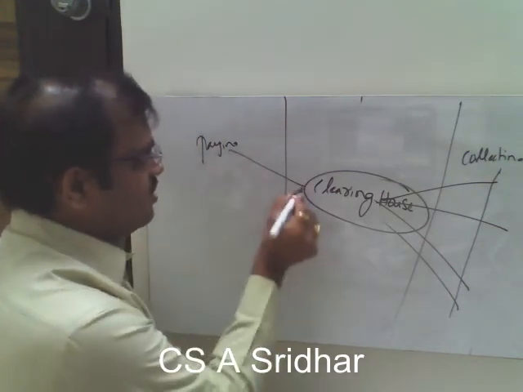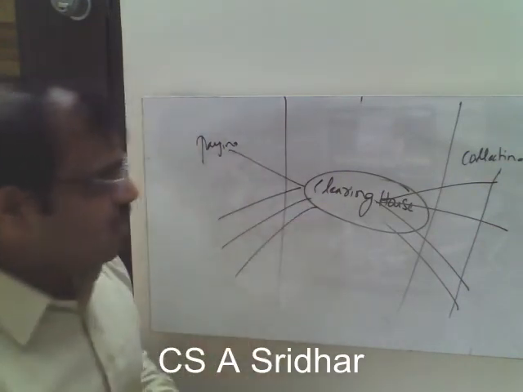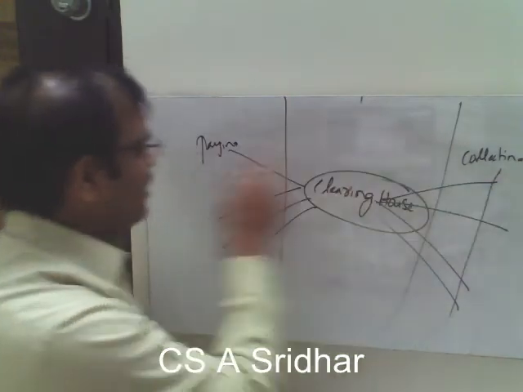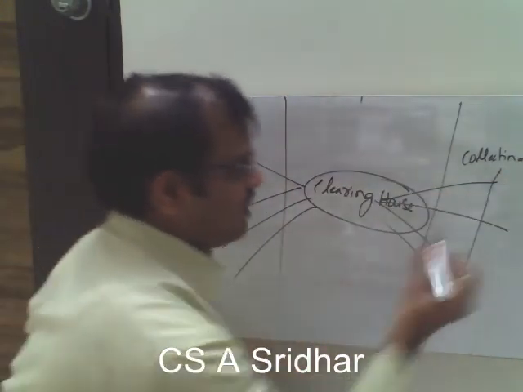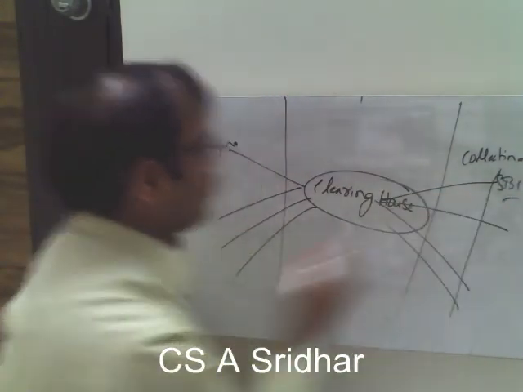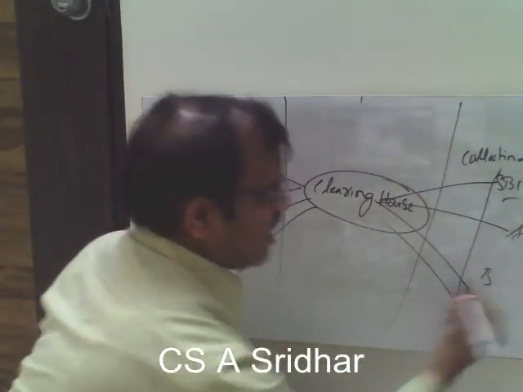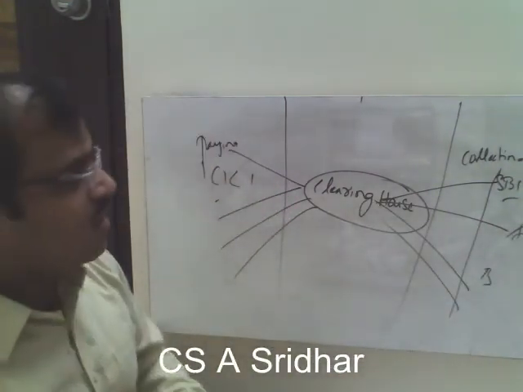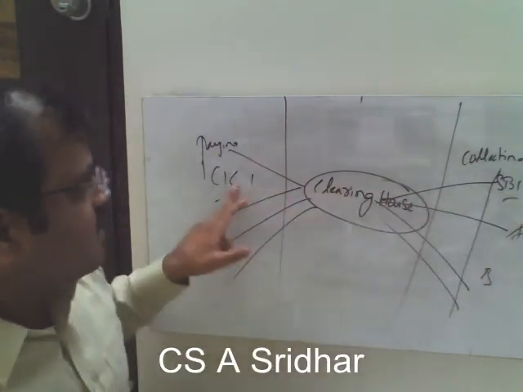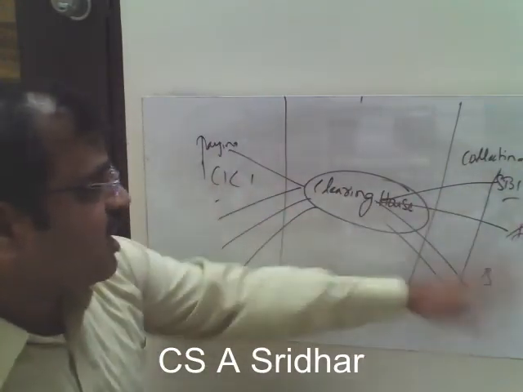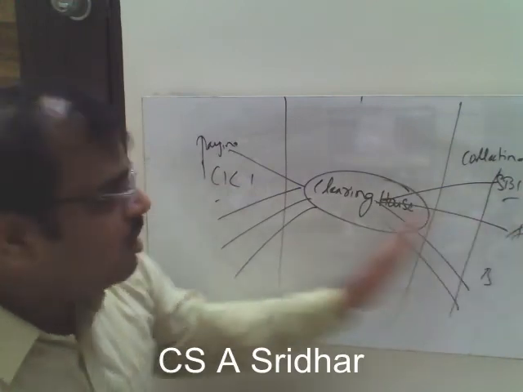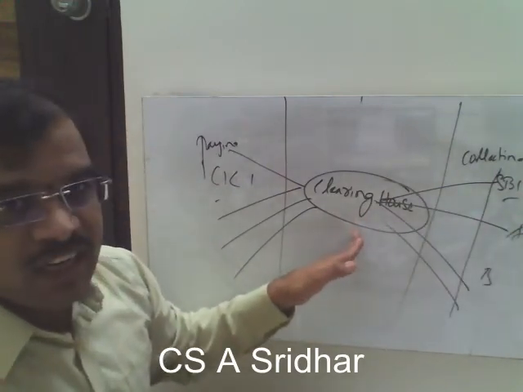That means they will send the checks to all these banks. So instead of SBA, suppose here you are having SBA, here you are having ICICI, maybe A Bank, B Bank. So instead of SBA approaching ICICI Bank, A approaching ICICI Bank individually, they will all deposit their checks with the clearinghouse.